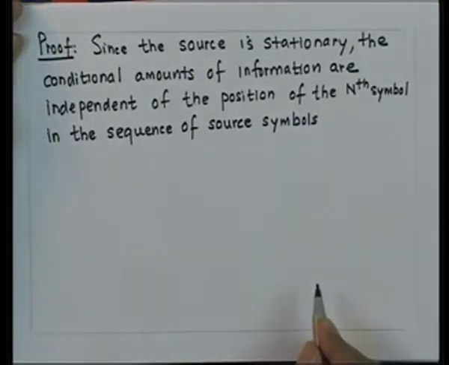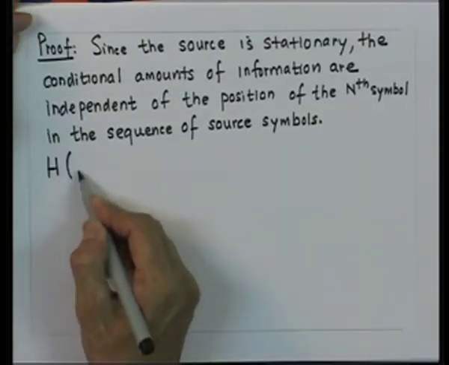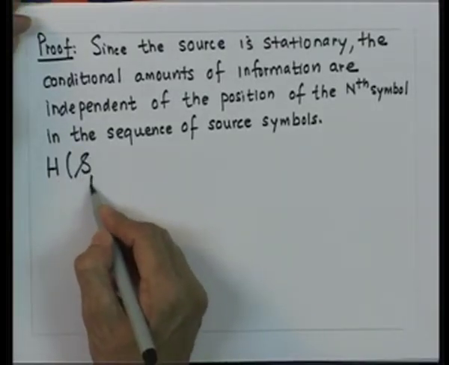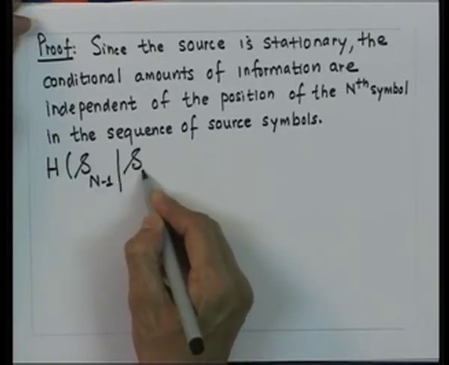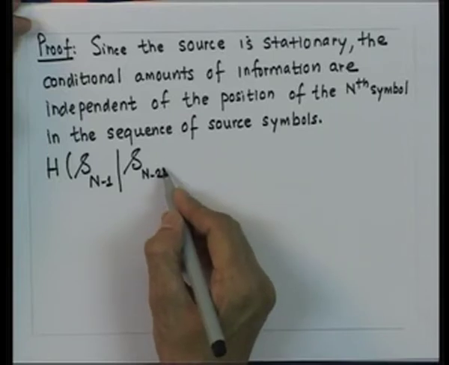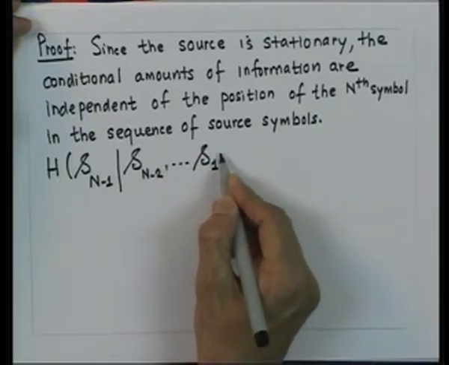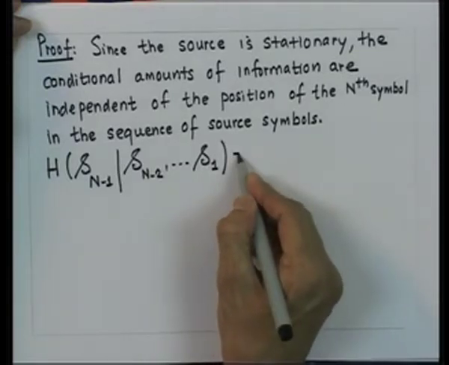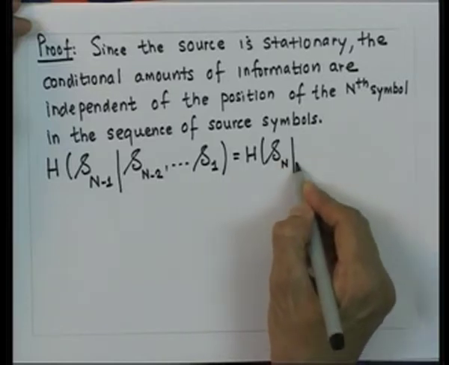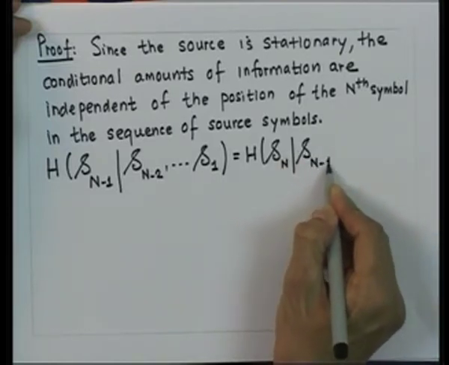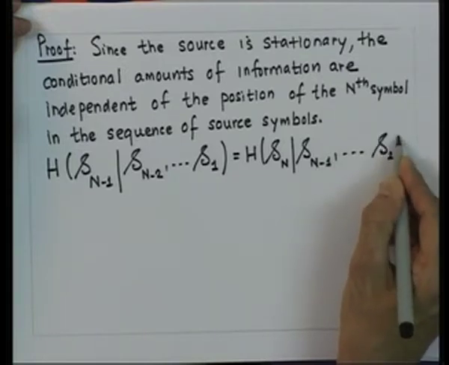So what it means is that H of Sn minus 1 given Sn minus 2 up to S1 is equal to H of Sn given S n minus 1 up to S2.